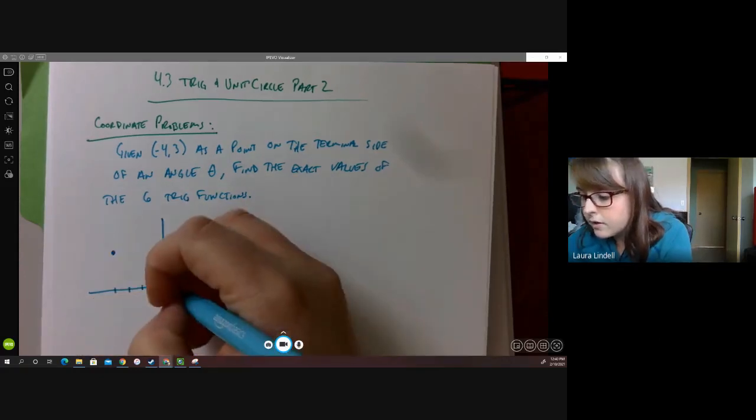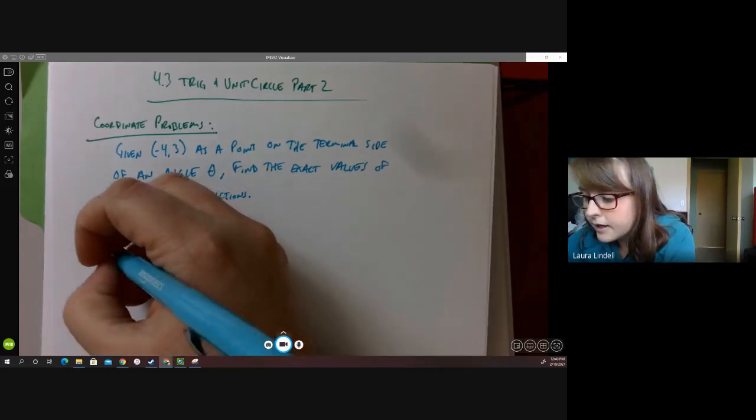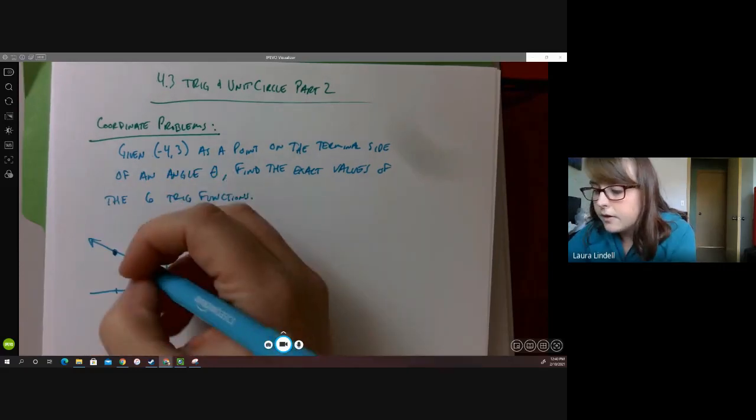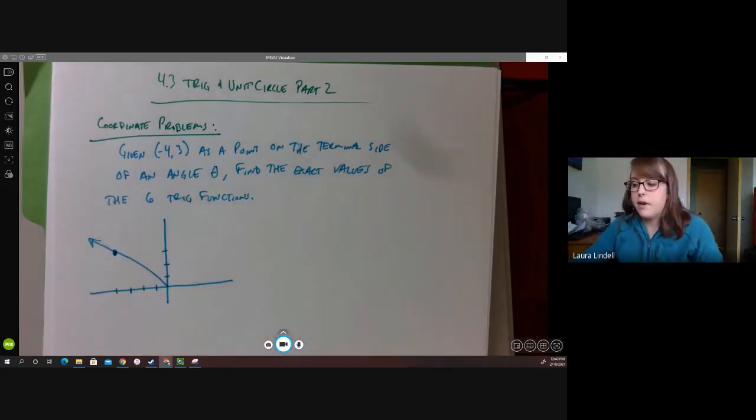That's where our coordinate is located, and it's on the terminal side of an angle. And if I could draw straighter lines, that would be great. But anyway, so that's kind of a picture of what's going on.